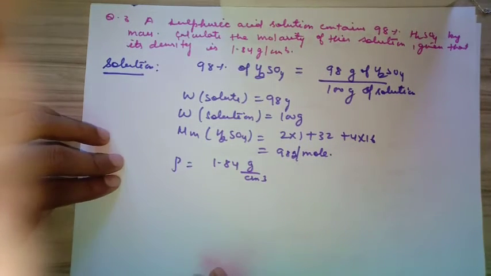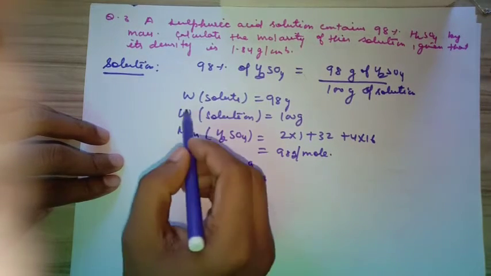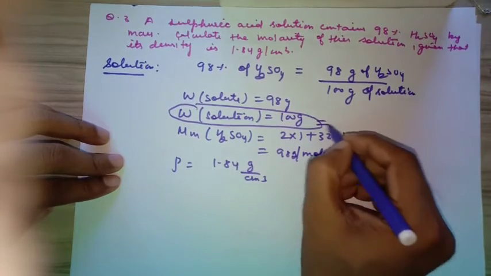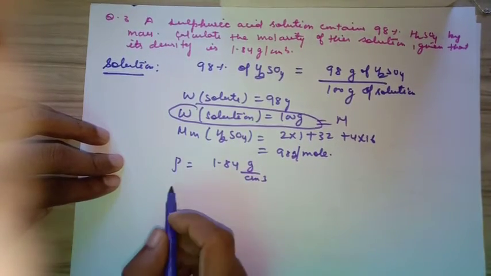Now we have to find volume. There is no volume in the given part. So we have weight of solution, that is mass, or W can be written as m, and here density is given.